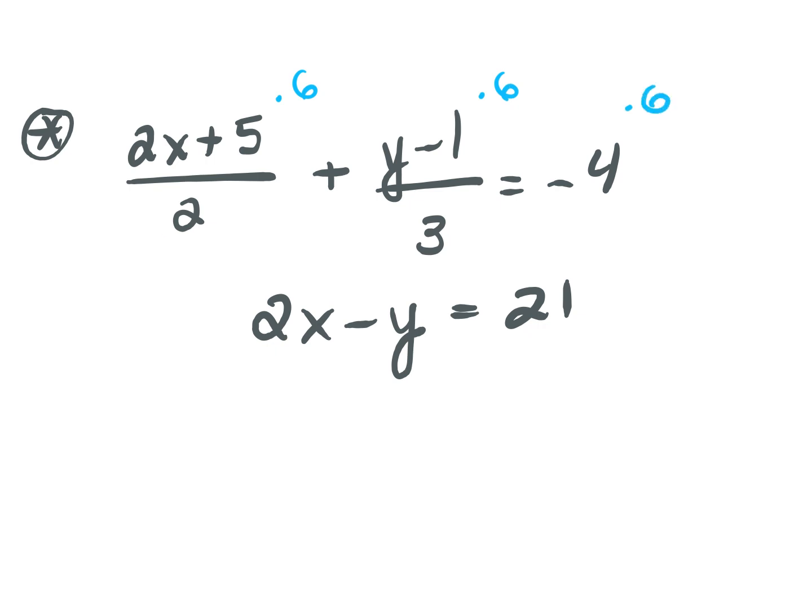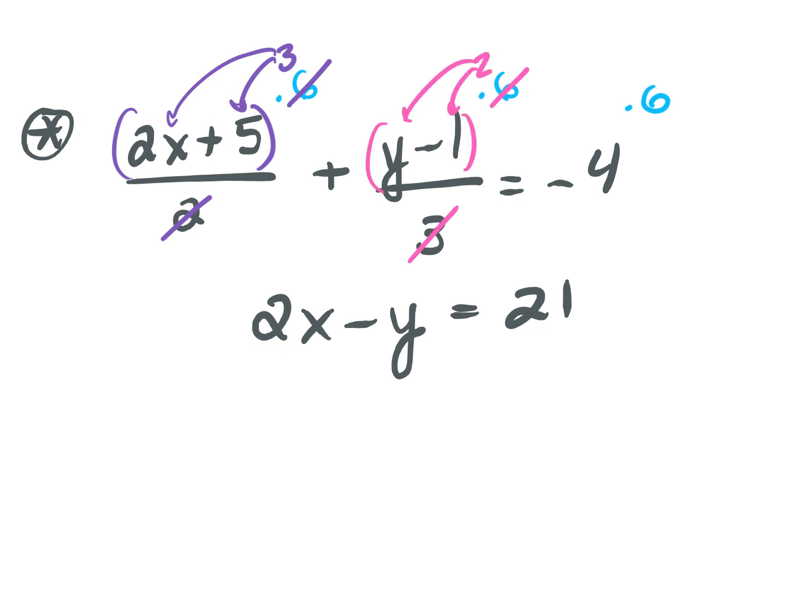So here, 2 cancels out with 2 from the 6, so I'm just multiplying this by 3. Is everybody with me with how I did that? Because then, can't you just multiply them by 3? Yeah. Well, the other one, this second one, 3 cancels out with 3 from the 6, so I'd be left with 2, so I'm multiplying this by 2.